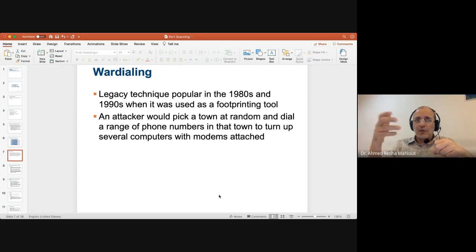There was no Wi-Fi, and this was the only way to connect to the internet. You install your modem on your computer, you plug your modem to the socket of your landline, and you dial a number from an application where you have some services.